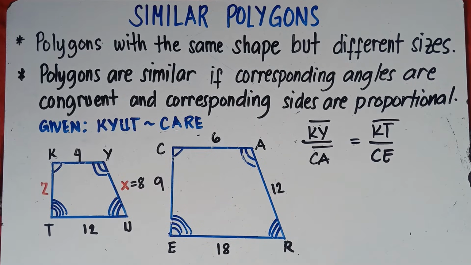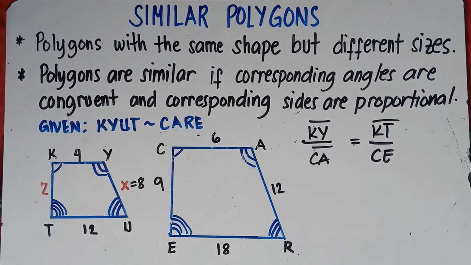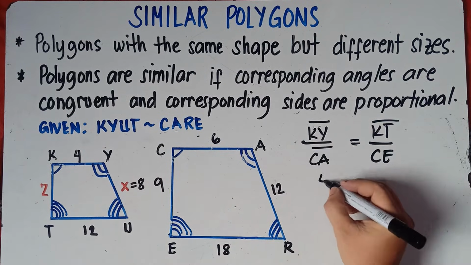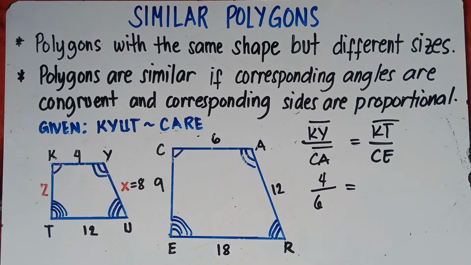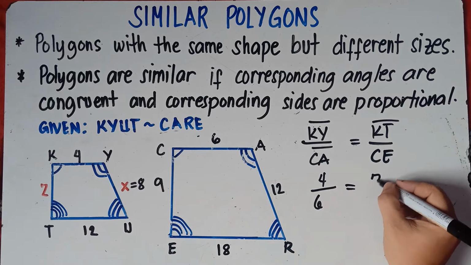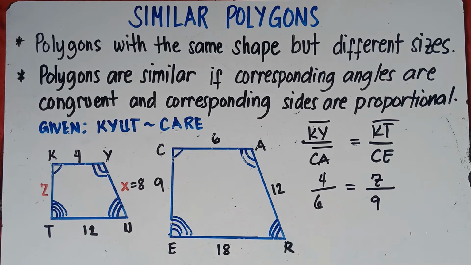Alright, so let's try that and find the value of z. Later on we will be using these two sides, and let's check if we have the same answer. So KY, that is 4, over CA, that is 6, is equal to KT, that is z, over CE, that is 9. So cross multiply.